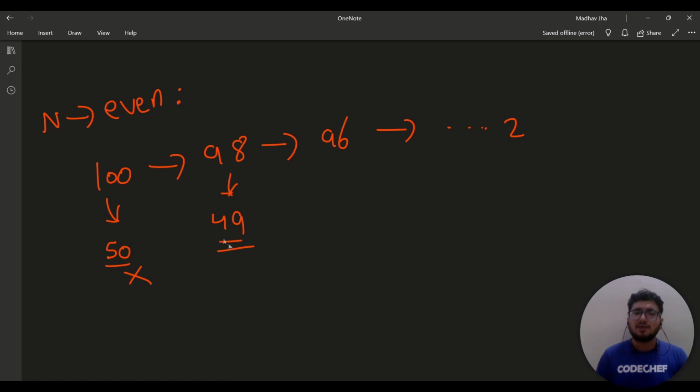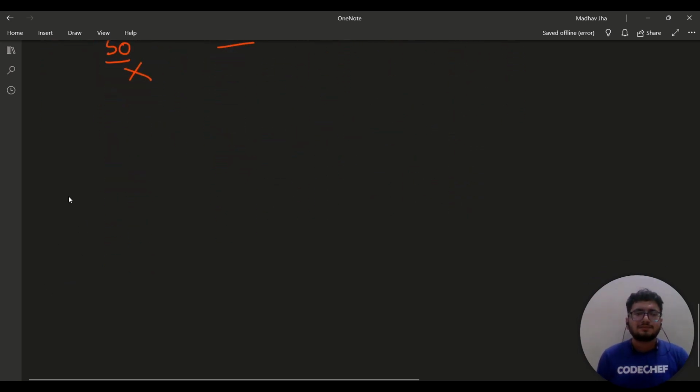And from 49, what we have done for n as odd numbers, we can do the same. We can keep applying the first operation and then reach 1. So if you see, first of all, if n is even, we will obviously get all the even numbers here. This represents all the even.